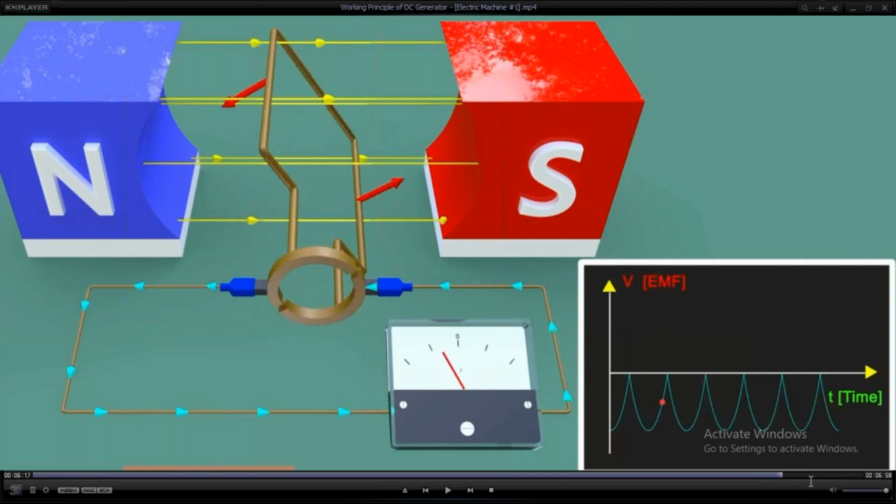So how can we remember that the generator is given by Fleming's right-hand rule?